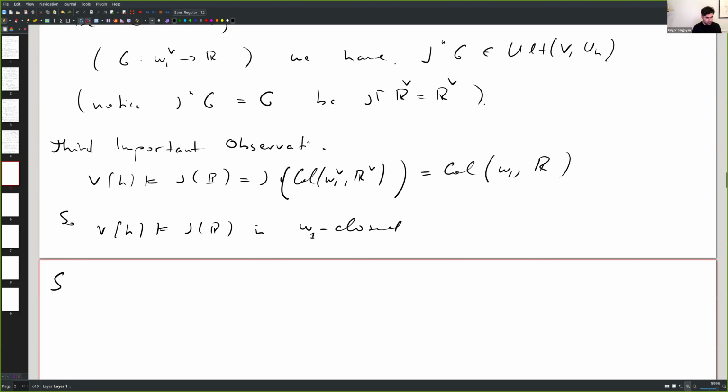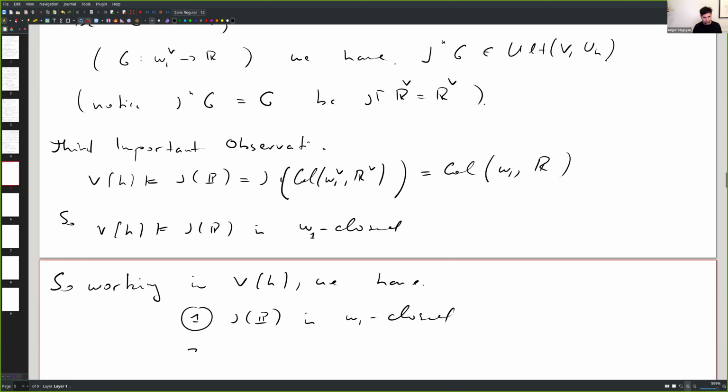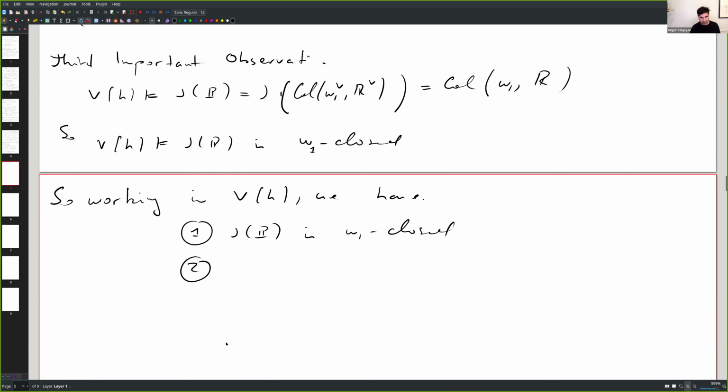So working in VH, we have 1, JP is omega 1 closed, and 2, omega 1 many dense subsets of JP. So we can get a generic.